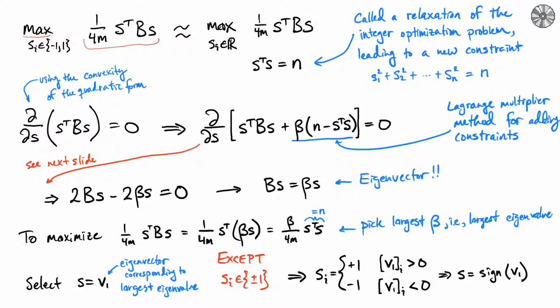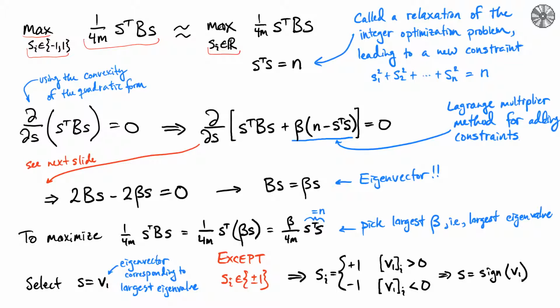So we're going to use what's called a relaxation of the optimization, and that means that we're not going to think of s as plus and minus 1. We're going to think of it as a real number, well, probably between -1 and 1, but it's really just a real number.